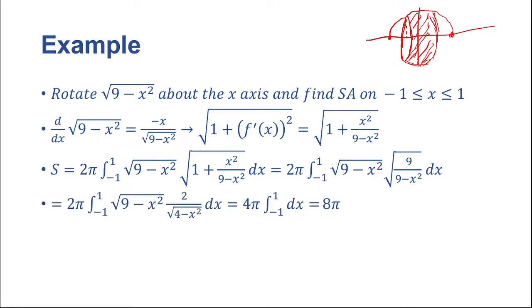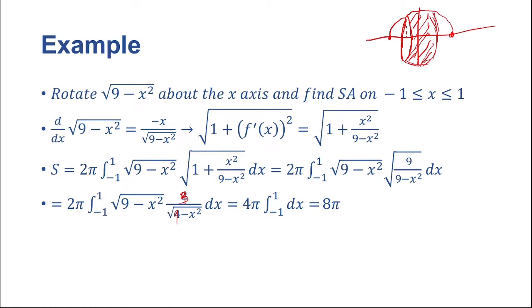All right, simplifying further, sorry, this is wrong. We get 3 there, and a 9 there. So you get 2 pi times the integral between -1 and 1 of the square root of 9 minus x squared times 3 over the square root of 9 minus x squared dx.